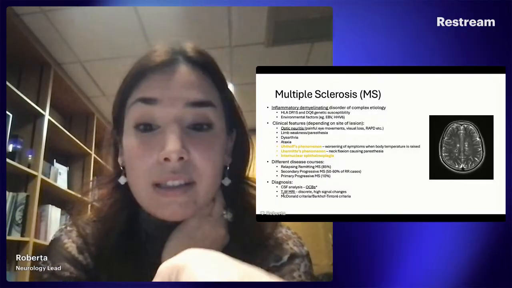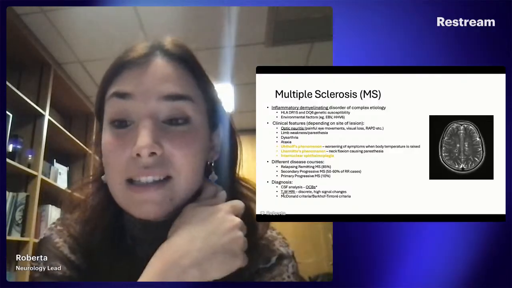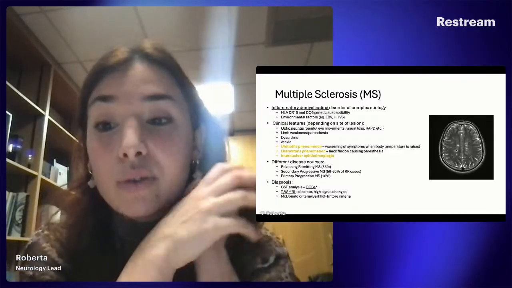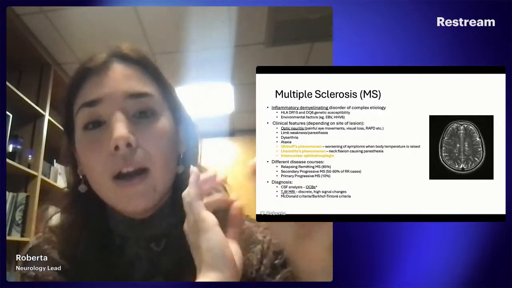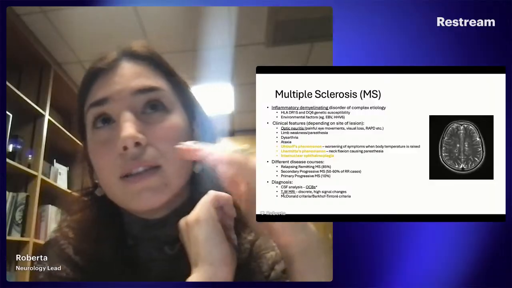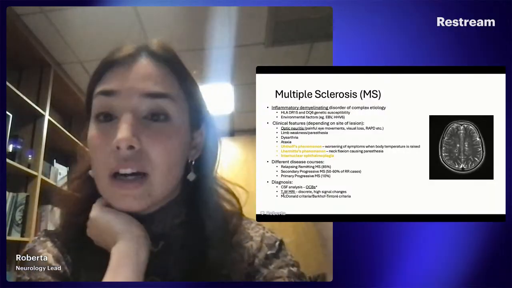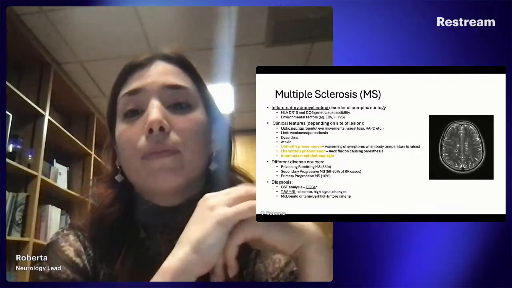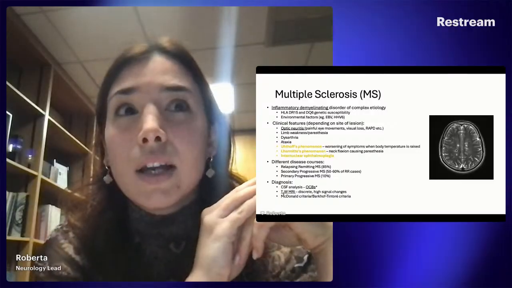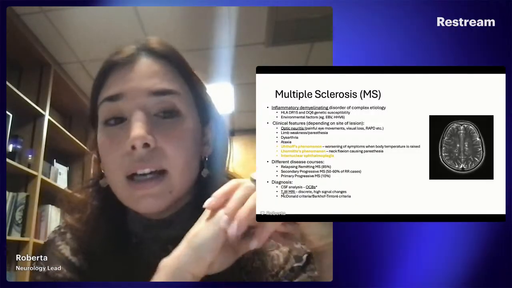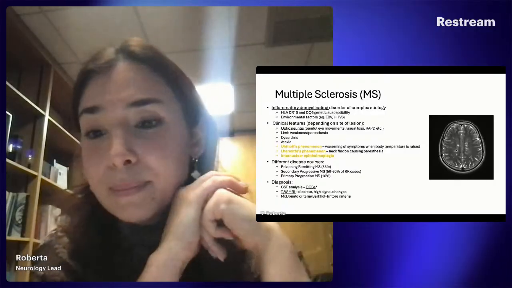Almost 50% of these cases will develop what we call secondary progressive MS, which is essentially when the disease, instead of relapsing and remitting, going back to baseline, the baseline over time worsens. And the symptoms don't necessarily always improve completely. They might improve slightly, but not go back to the initial baseline.